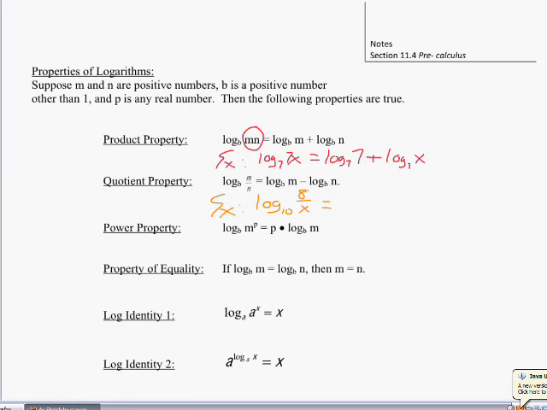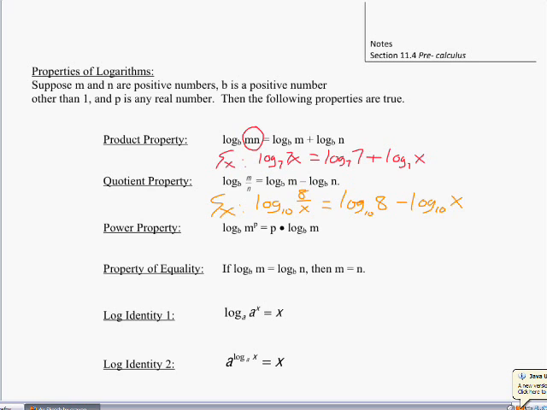According to the quotient property, we can write this as log base 10 of 8 minus log base 10 of x. That is the quotient property.